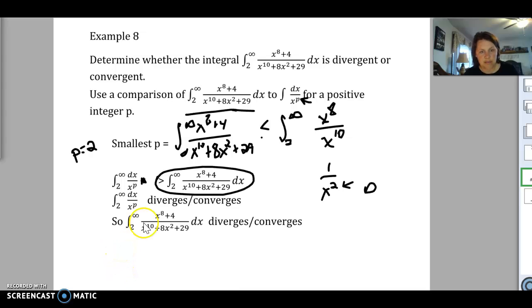Okay, and then this one here, it's going to sandwich it in there. So if this is getting closer and closer to 0, then this one must be also. Okay, so that means that this converges and this converges.